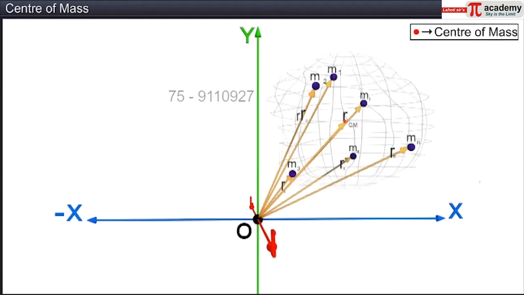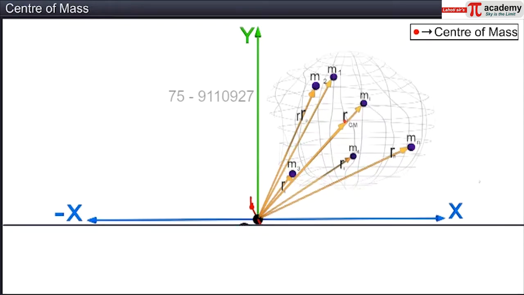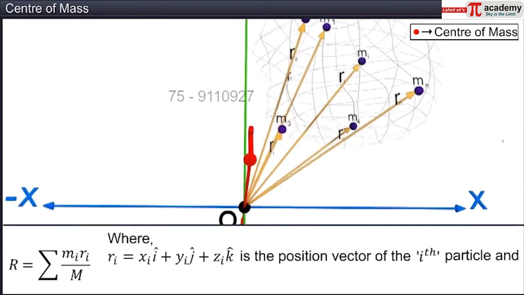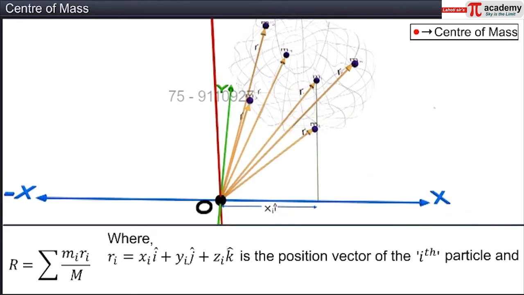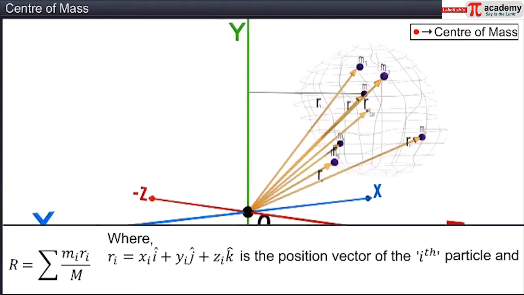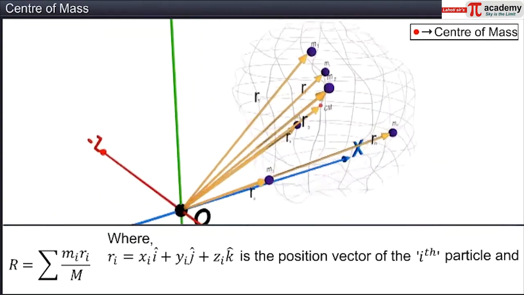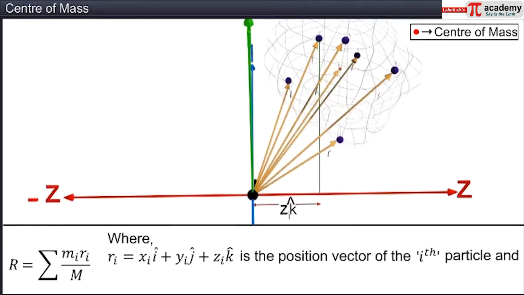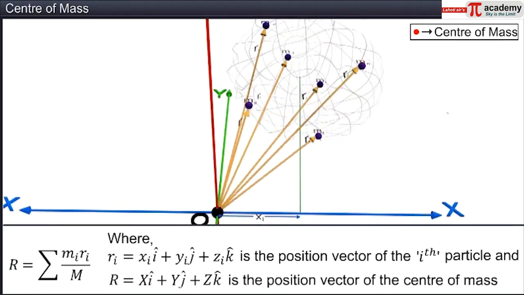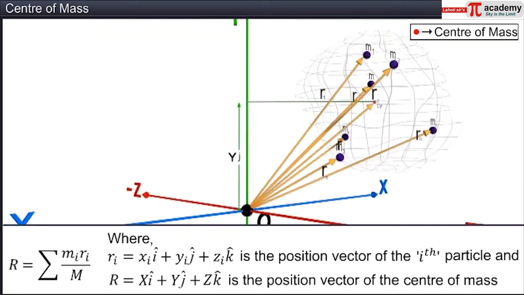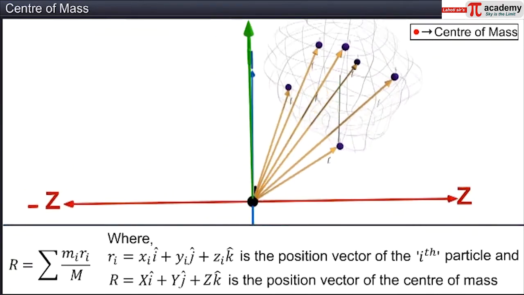In vector notation, the position of the center of mass of a given system of particles is given by R is equal to sigma mi ri by m, where ri is equal to xi i plus yi j plus zi k is the position vector of the ith particle, and R is equal to x i plus y j plus z k is the position vector of the center of mass.